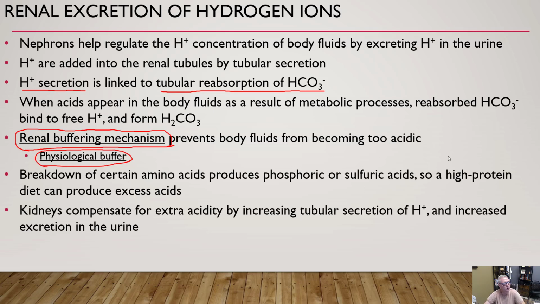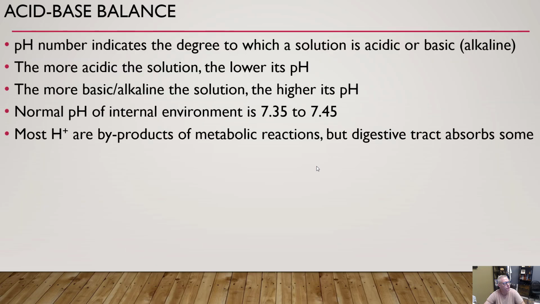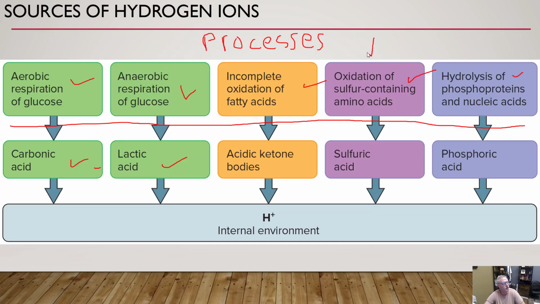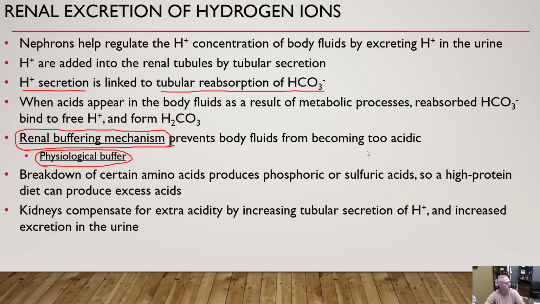When we go back up to this slide, we didn't talk about these last two: the oxidation of sulfur-containing amino acids and the hydrolysis of nucleic acid phosphoproteins. We really didn't talk about those, but proteins can produce excess acid when we break them down, though we're not really going to talk about those.